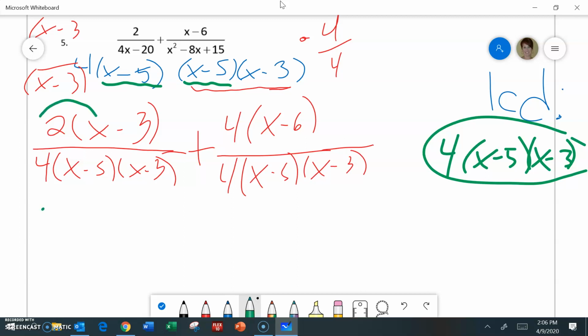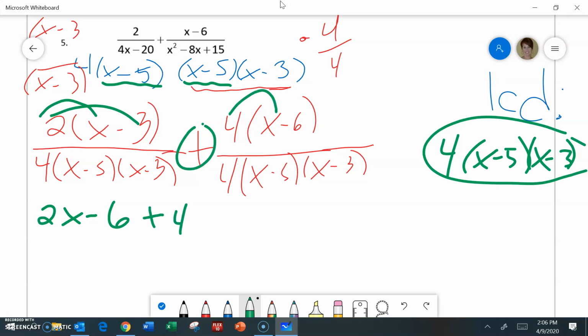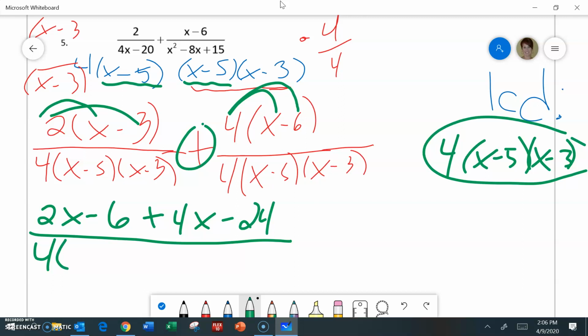I'm going to have 2x minus 6, plus 4x, and then minus 24. I was allowed to put all of that together at the top because I have the same denominator for both fractions.